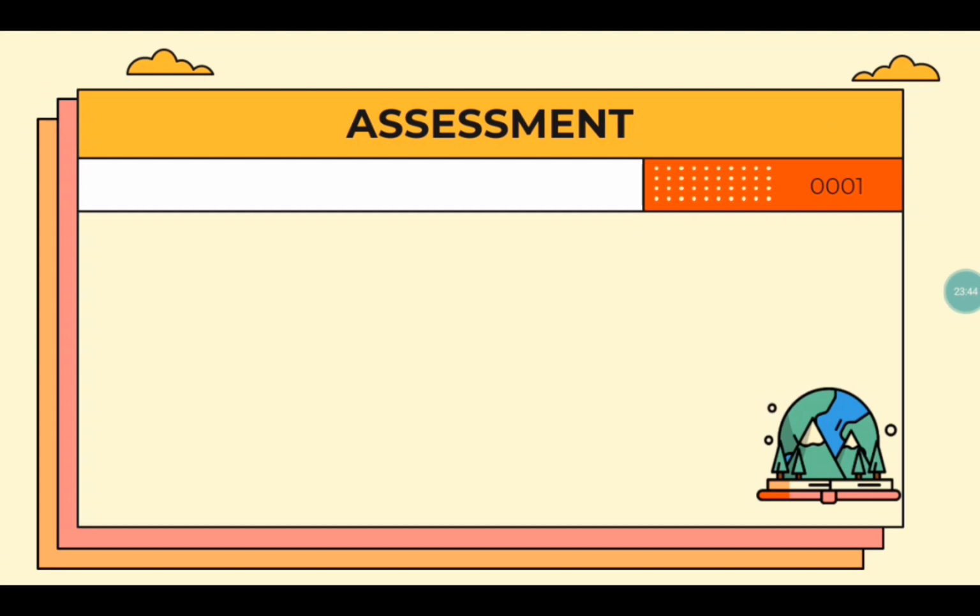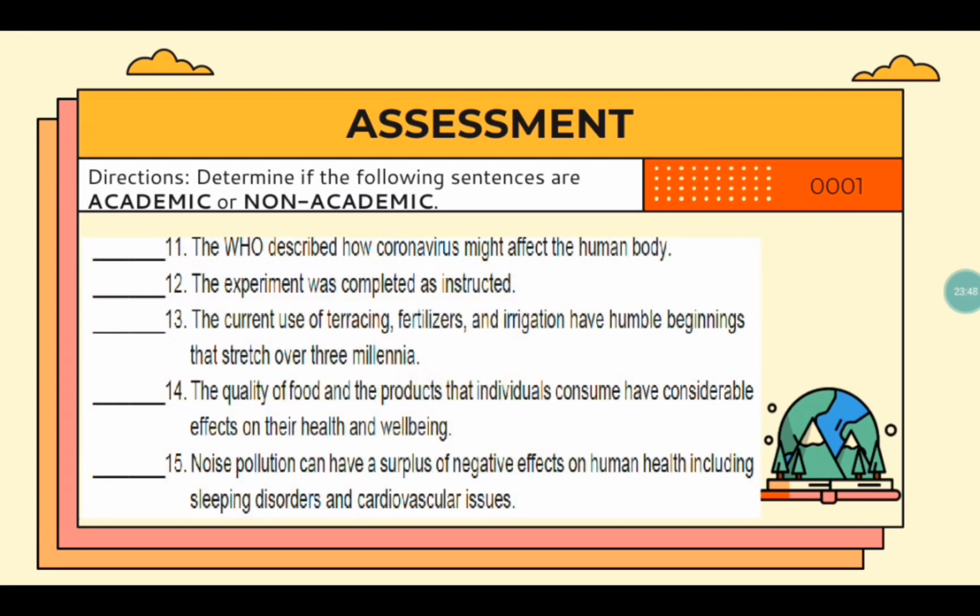For 11 to 15, let us see how well you are doing. Number 11, the WHO described how coronavirus might affect the human body. This is non-academic. Number 12, the experiment was completed as instructed.